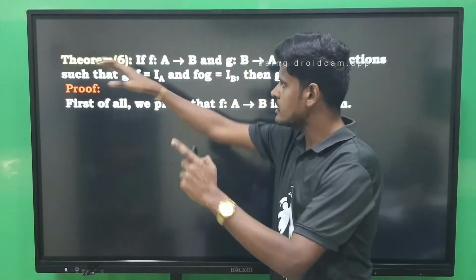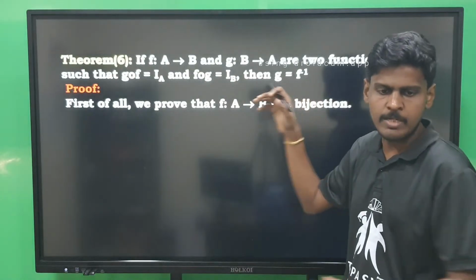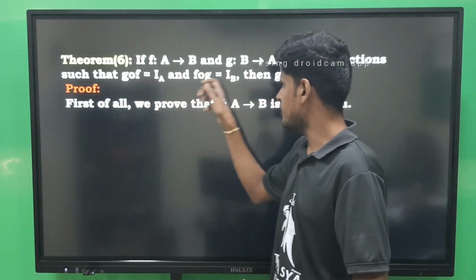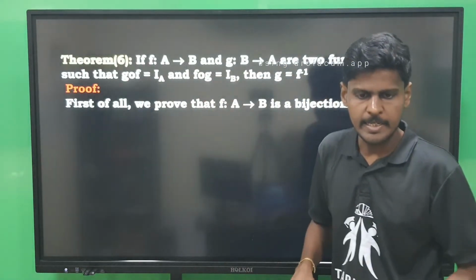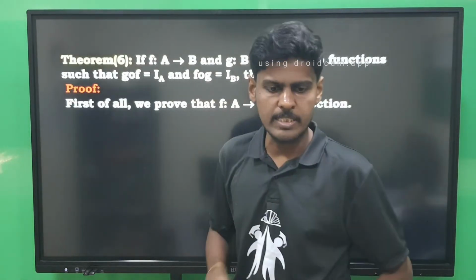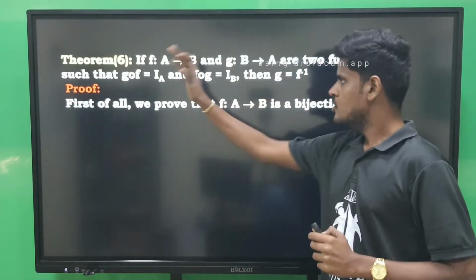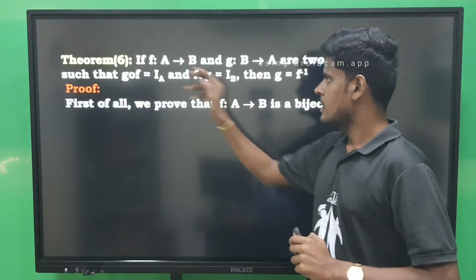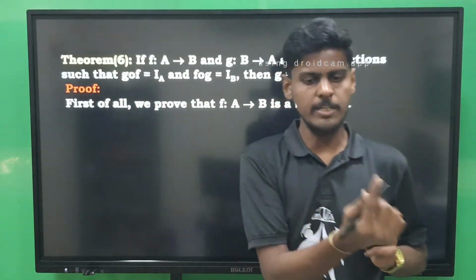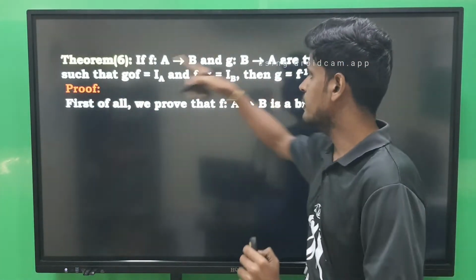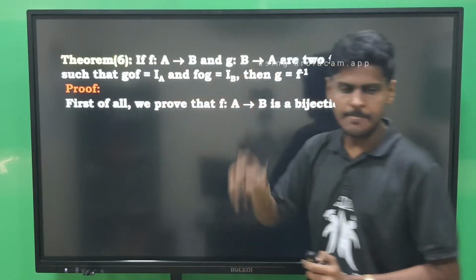Here f inverse is not there in the statement, but what is given? g of f or f of g becomes identity. That means inverse must exist. That is the understanding from this statement. So from this what we can say is f and g are both bijective functions. Only then f of g or g of f will become identity.